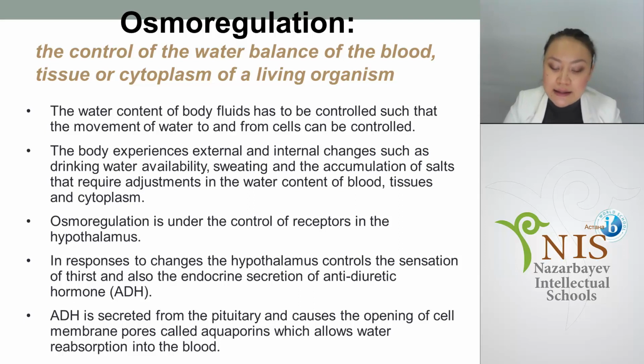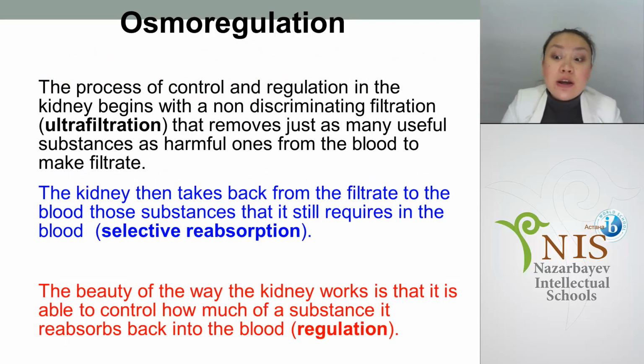ADH is secreted from the pituitary gland and causes the opening of cell membrane pores called aquaporins, which allows water reabsorption into blood. The process of control and regulation in the kidney begins with a non-discriminating filtration that removes just as many useful substances as harmful ones from the blood to make filtrate.